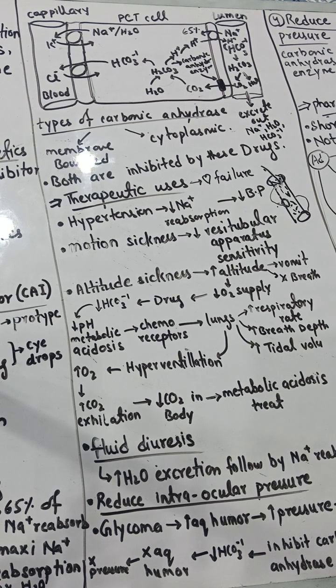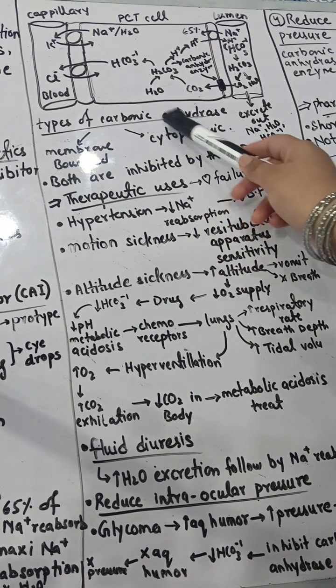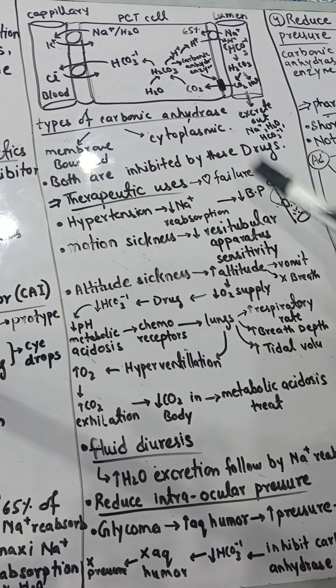Now let's discuss the therapeutic uses of it. We have discussed that it is used in heart failure and to treat hypertension, but this drug has a lot of other uses. So let's see what other beneficial effects it has. Acha, we have two types of carbonic anhydrase enzymes.